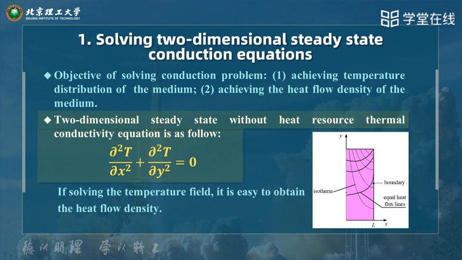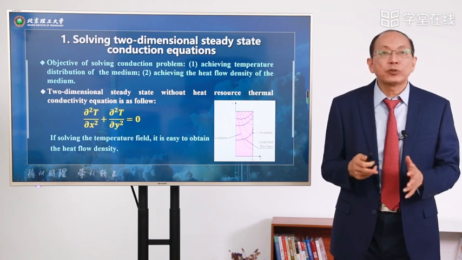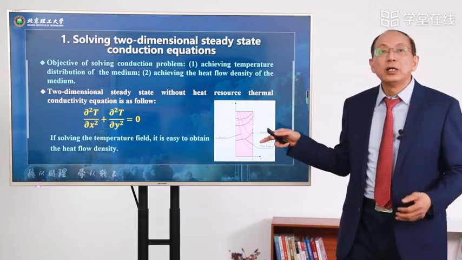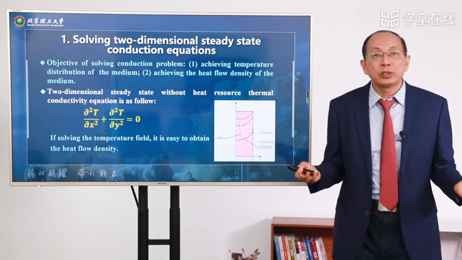If we solve the temperature field, it is easy to obtain the heat flow density. So firstly, we want to obtain the temperature field. Here is a two-dimensional problem, very simple at a look.